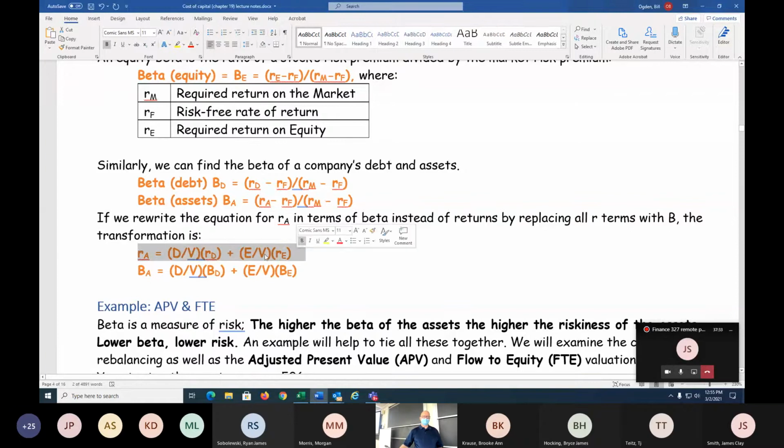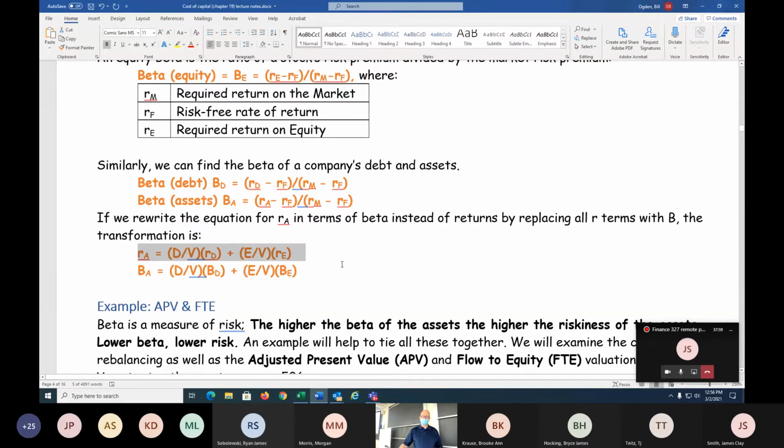We just did that: debt to value, RD, equity to value, RE. If you substitute, every place you see an R, a B or beta, the beta of the assets is the debt to value ratio times the beta of the debt plus the equity to value ratio times the beta of the equity. Does that make sense, I hope?